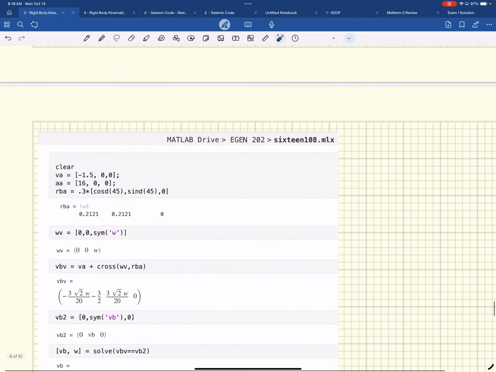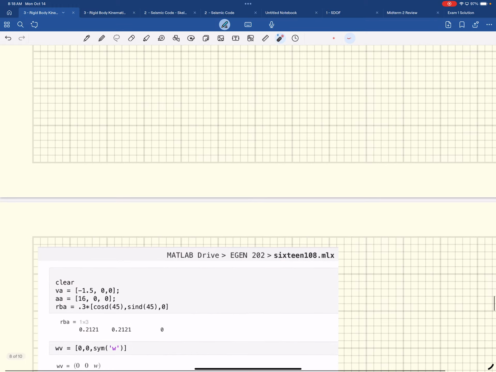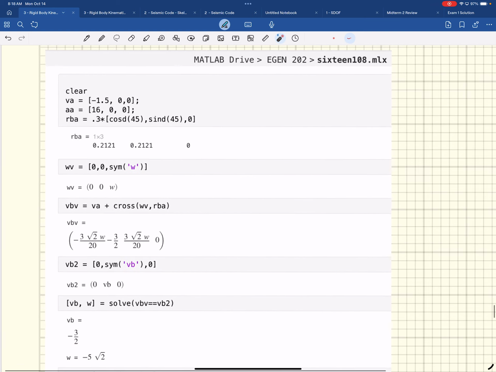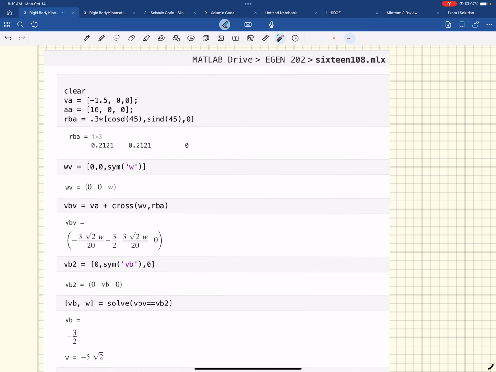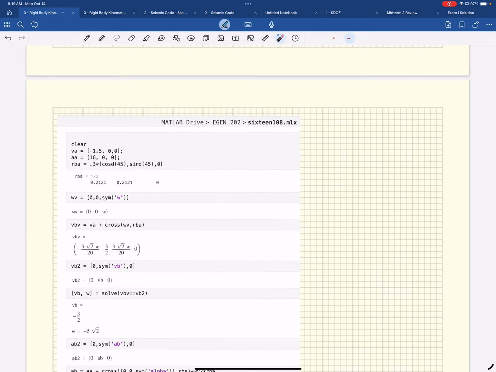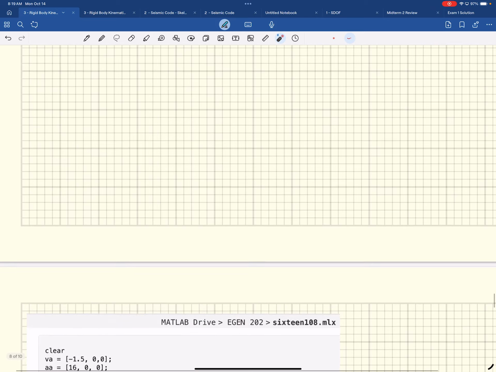This is the same problem up above that I just worked out in MATLAB, in case you want to refresh yourself on how MATLAB works. I had to use some symbolic toolboxes along the way because by default MATLAB wants numbers. So this is the problem above.